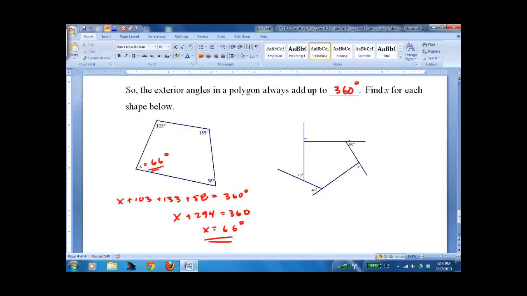And then this one's their exterior angles. This is a 90-degree angle. So 90 plus 60 plus x plus 73 plus 46 equals 360, because it's always 360 for the exterior angles. So add them up.